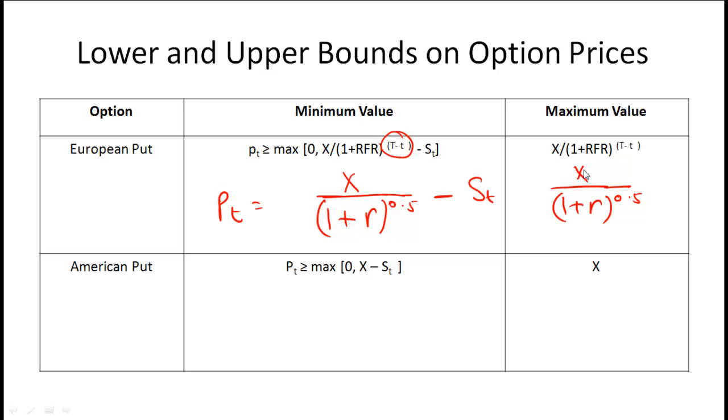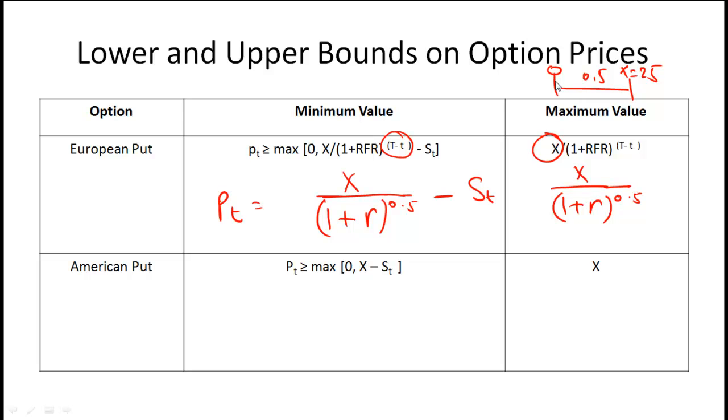If you recall from an earlier discussion, the most that you can get from a put option is equal to X. So if you are talking about an American put option and you are at time 0, you have 0.5 years left to maturity, and let's say that the exercise price is equal to 25. This means that the absolute best you can hope is that at maturity the stock price goes down to 0, which means that you will get $25 out of this.